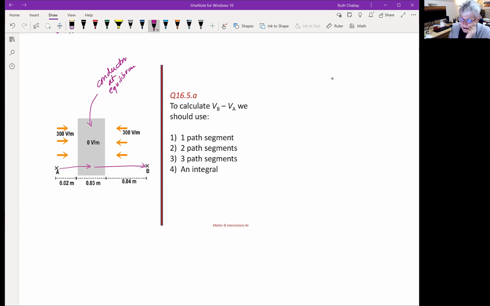And the problem with that is that if we look at this one path segment here, it goes through 2 regions. It goes through a region where the field is 300 volts per meter and a region where the field is 0 volts per meter. And so the question is, if we're going to use E dot dl, what do we use for E? And there is no value of E that's true in both of those situations.